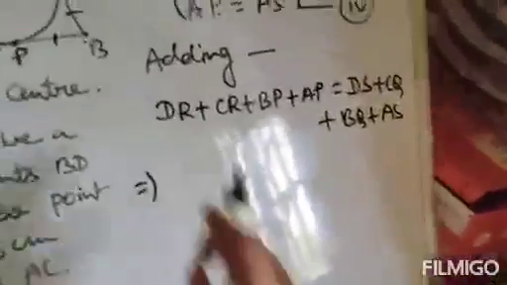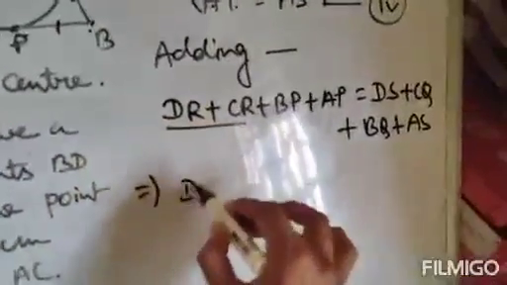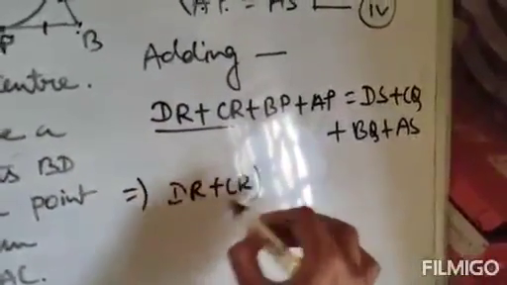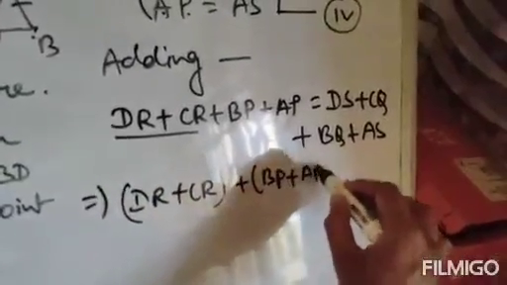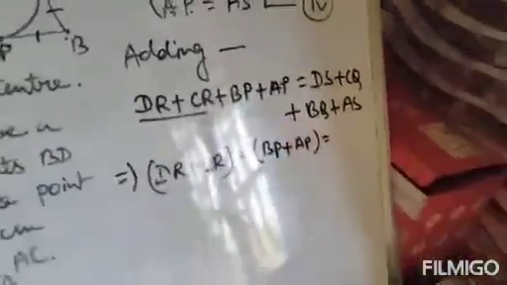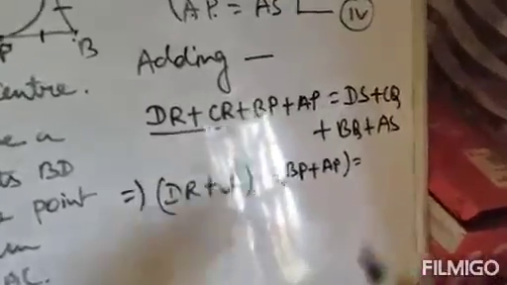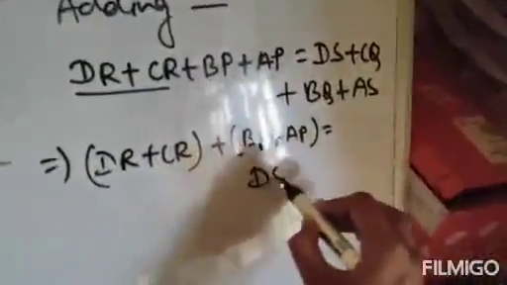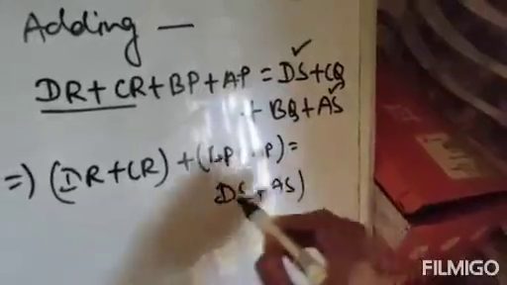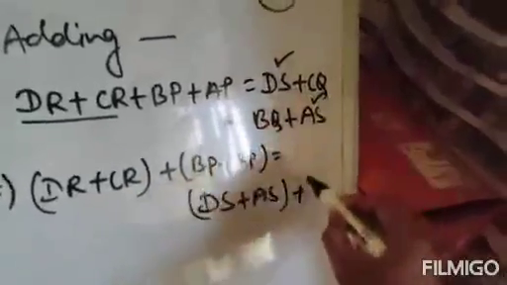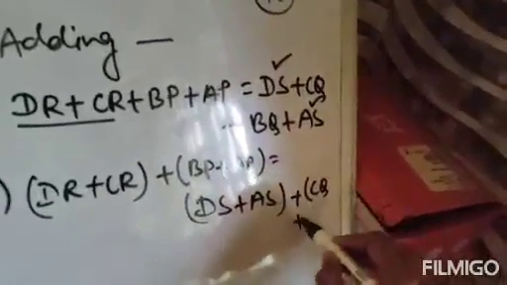Clear? Now DR plus CR, make it in a bracket. Next BP plus AP, make it in a bracket. Next, I will group DS with AS, so DS plus AS, and the remaining two will be grouped together, that means CQ plus BQ.